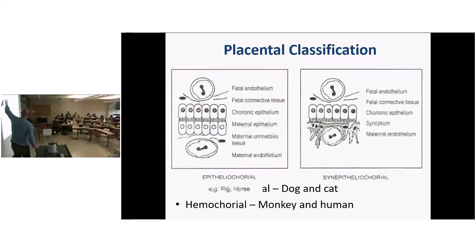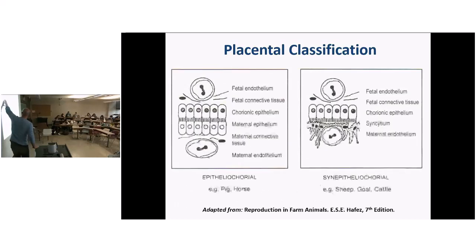So again, another one. This is epitheliochorial, so fetal endothelium, connective tissue, chorionic epithelium, and then the endometrium here intact. This would be the synepitheliochorial, which is the case of cattle. Again, the only thing is that that layer is weird, but for us, they're similar in that they still have all the layers there.